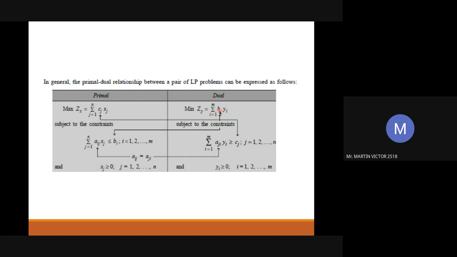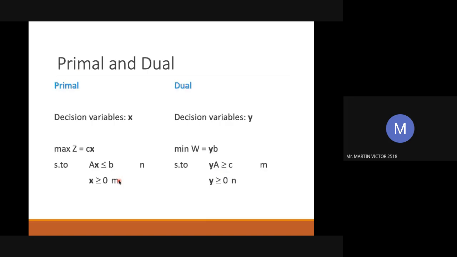Similarly, we will have some rewriting of our variables, row wise or column wise. When we rewrite that, we are able to transform the given primal into a dual. This is the general format, the primal dual relationship between a pair of linear programming problems. Here the given decision variables are x, but we will be converting x into y when we write our dual.